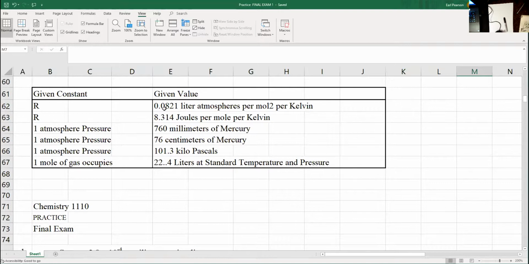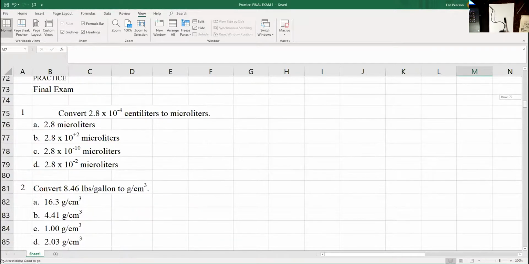Value of R, we memorized it, but there it is in both liter atmospheres and joules. And then the conversion from atmospheres to millimeters and centimeters and kilopascals, and 22.4 liters at standard temperature and pressure and so forth. So this information will be available to you on the final exam.